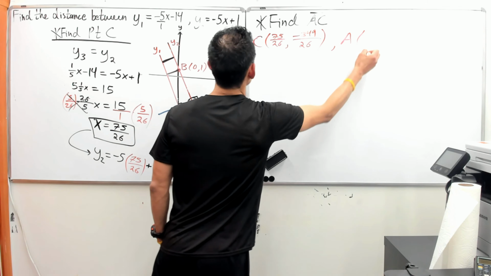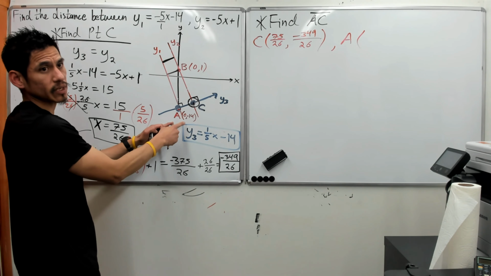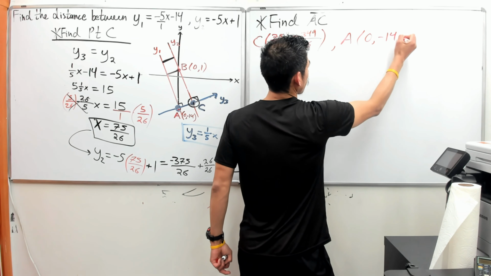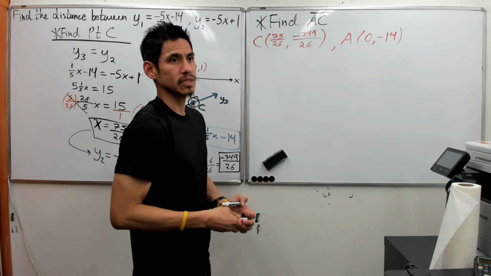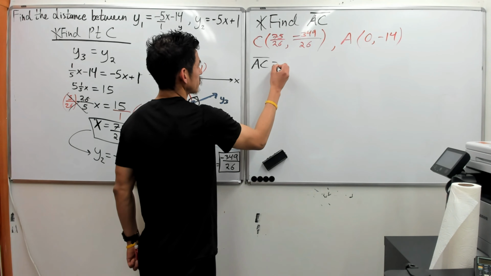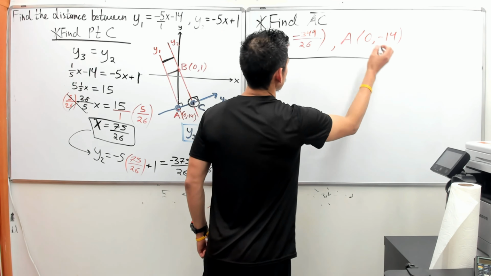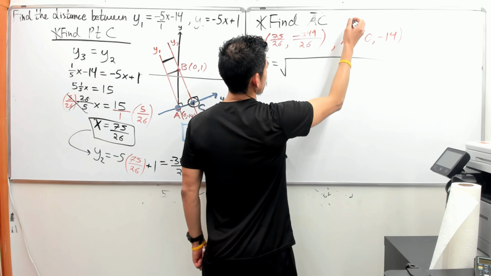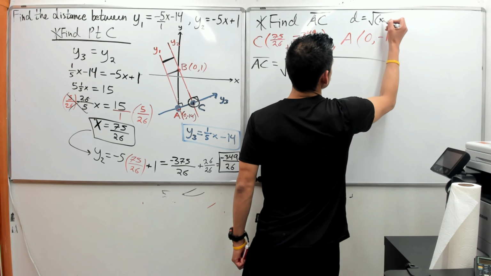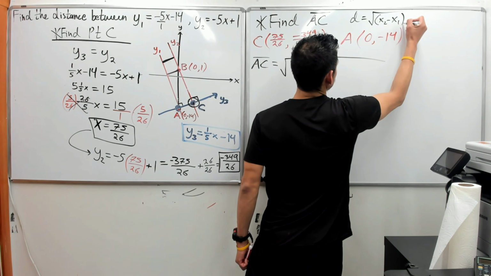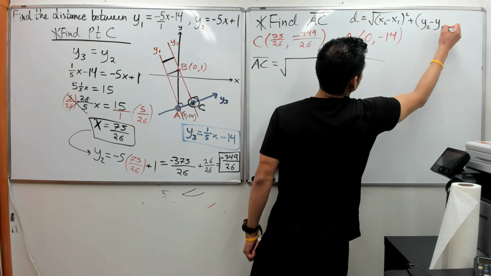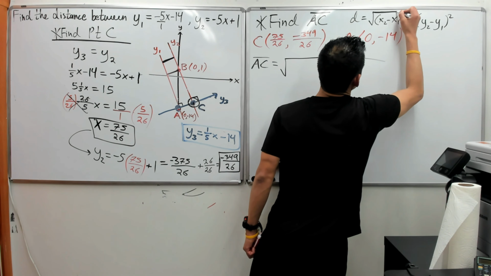Now, point A, remember, was at 0, -14, because it's right there. So all we have to do is find this distance. So then we have AC equal to, remember the distance formula. The distance formula is the square root of x2 minus x1 squared plus y2 minus y1 squared, all underneath the square root.